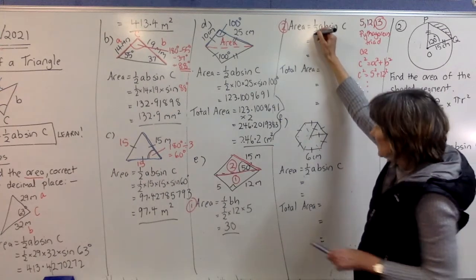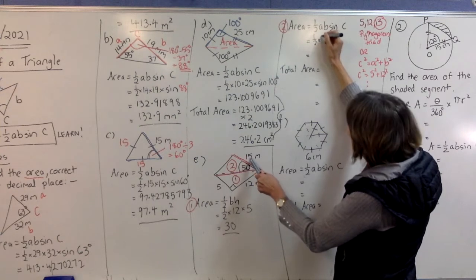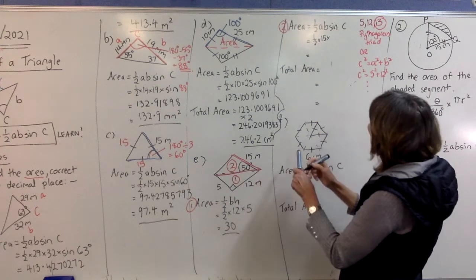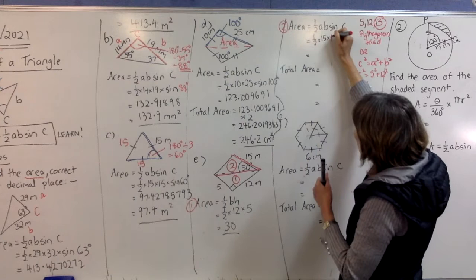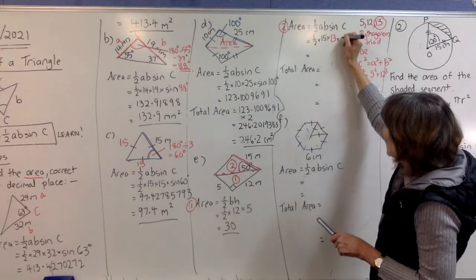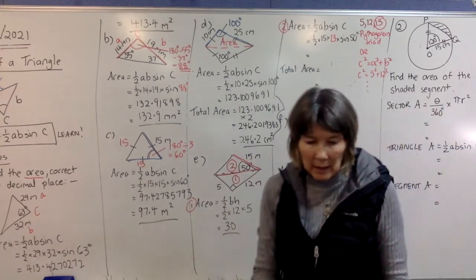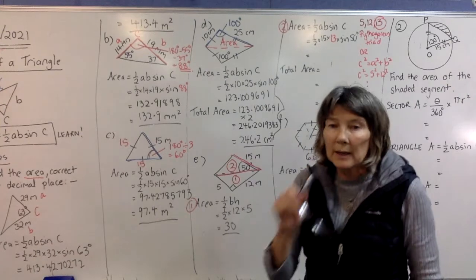So I'm going to put this in now. I'm doing a half. This is the top area times 15 times, now the red one that we just found with the Pythagorean triad was 13 times sine 50 degrees. Now we go to our calculator and put all of that in.